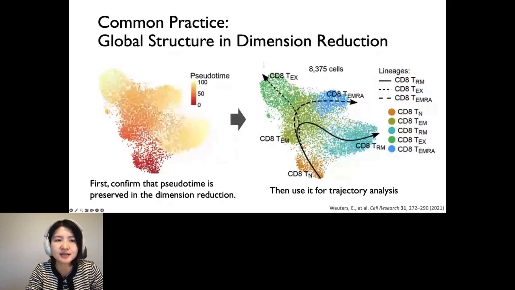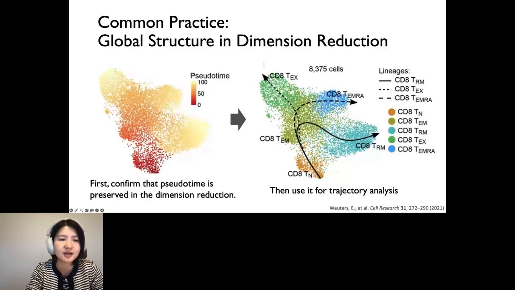Another interesting observation is related to the use of dimension reduction techniques, such as UMAP or t-SNE. Because those methods do not guarantee that global structures are preserved, we sometimes see researchers using an explicit visual validation step.